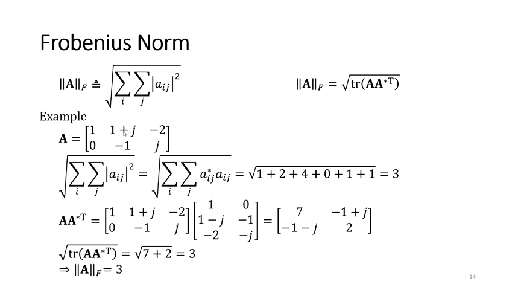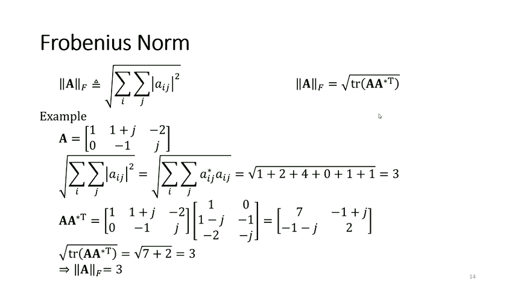So 1 plus j, absolute value squared is 2. Negative 2, absolute value squared is 4. 0 squared is 0, negative 1 squared is 1, j, absolute value is 1, square of that is 1. And it turns out to be 3.